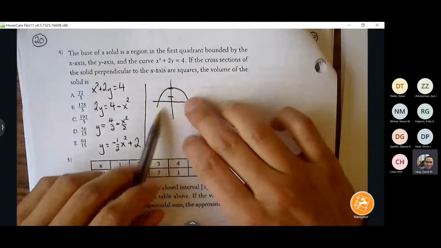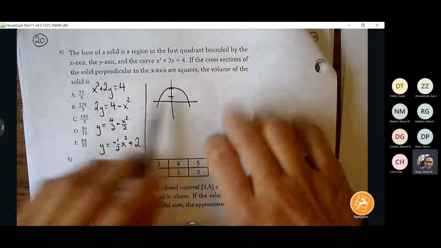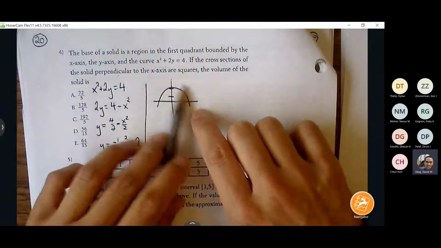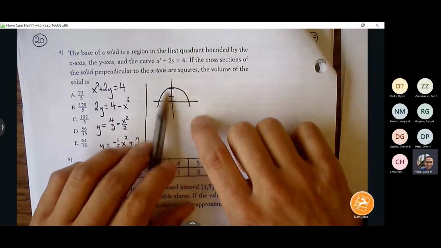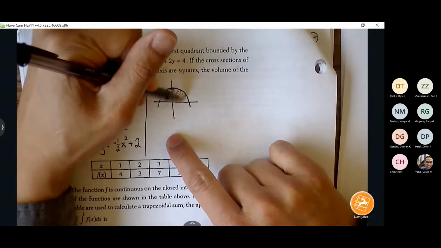Okay, but the shaded region is going to be bounded by the x-axis and the y-axis, so in the first quadrant, it's going to be this quarter circle looking shape here.